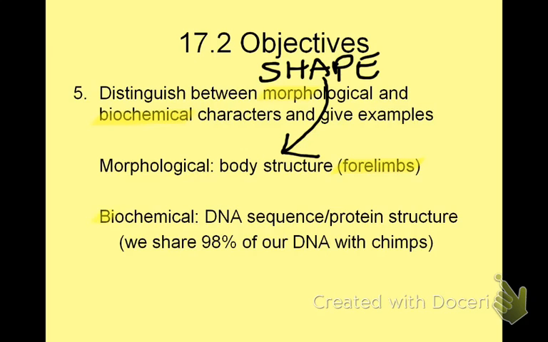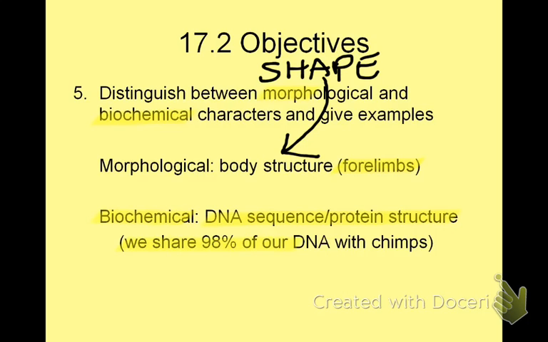Today, we look a little bit more at the biochemical characters, the DNA sequences and the protein structures, and look at the degree of relationship there. You also looked at that last chapter with the biochemical evidence, that little paper lab that we did, when you were looking at the human and the gorilla DNA, or the amino acid sequences of hemoglobin, which were more similar than human and horse or gorilla and horse.